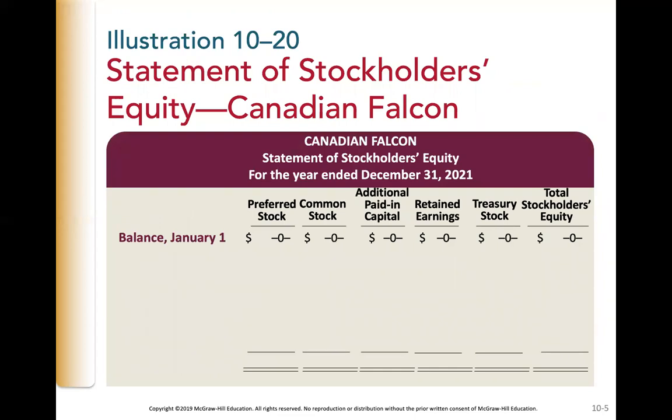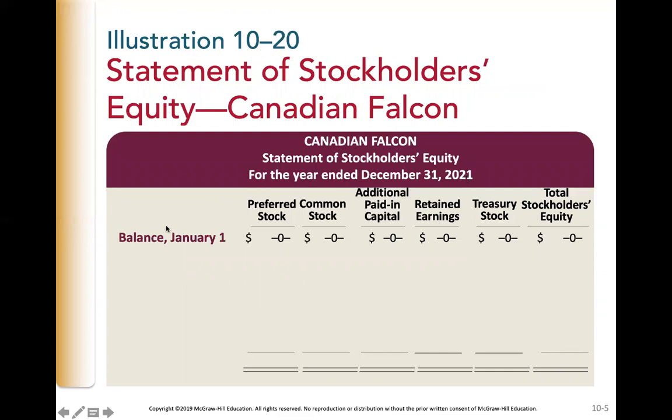You guys remember the statement of stockholders' equity? I know it's been a while since we looked at one. It's changed a little bit since the last time we saw it. There's more columns here. It's because we have more accounts that make up the stockholders' equity section of the balance sheet. Remember your 3-line header: Canadian Falcon, name of the company, statement of stockholders' equity, and then it's for the year ended December 31st.